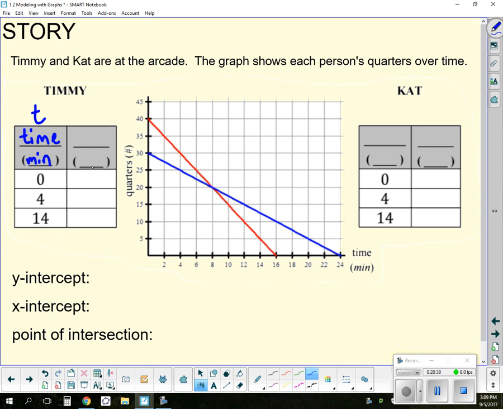Your y value is your dependent variable. The number of quarters that Timmy has depends on how much time he has been at the arcade. So we have quarters, and the unit is just numbers, the number of quarters, and we can call that q. Of course, you can call it x and y, just being a little creative and using the t and the q.